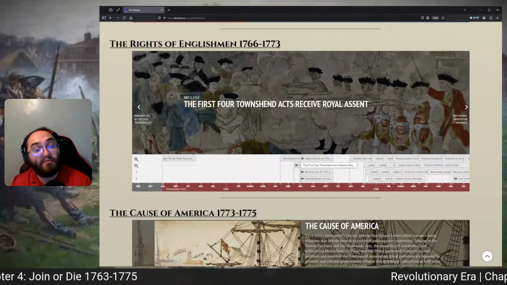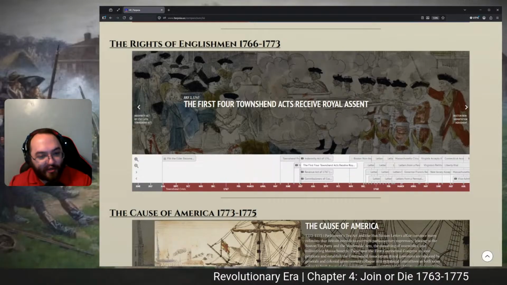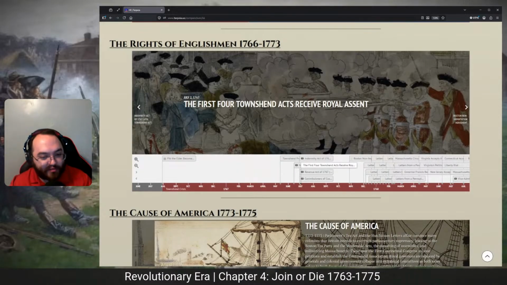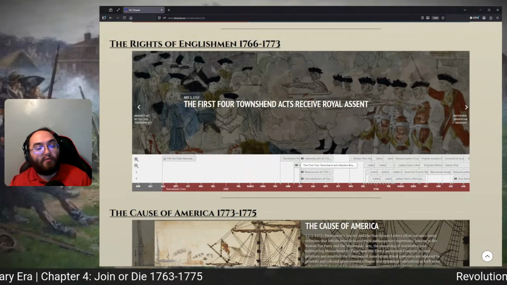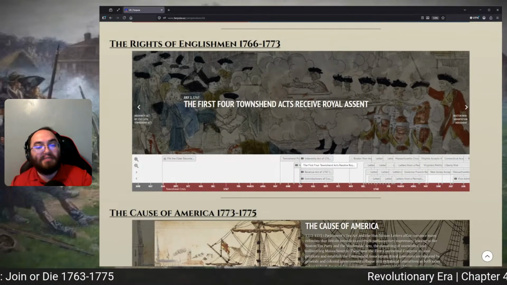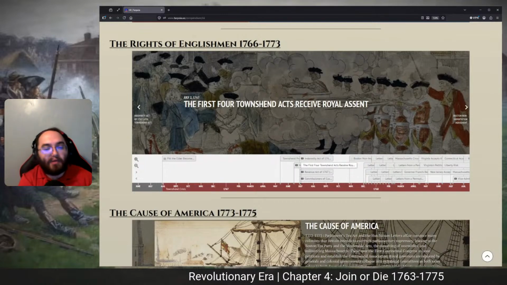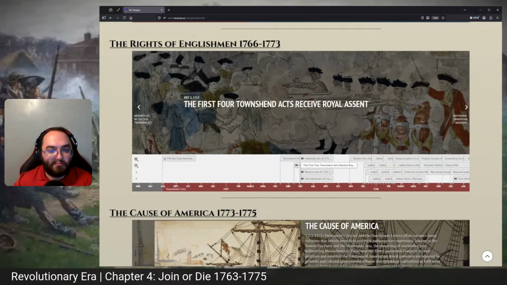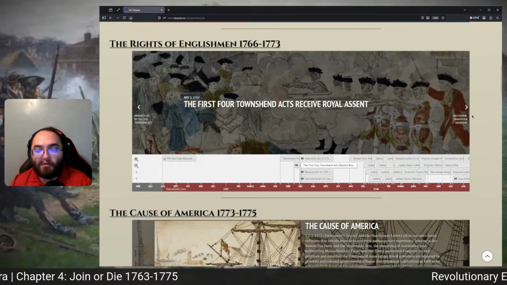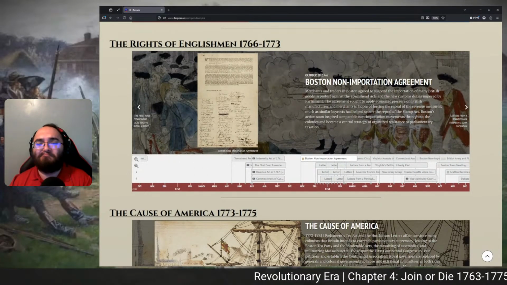Now, I still believe in the veto power of the president as an active check against Congress, but I don't think that Congress should be required to have the president sign a bill into law. So there's a difference between signing a bill into law and vetoing a bill. I support the veto power. I don't support the signing a bill into law responsibility of the president. But that's a different discussion. We don't have to go into that.